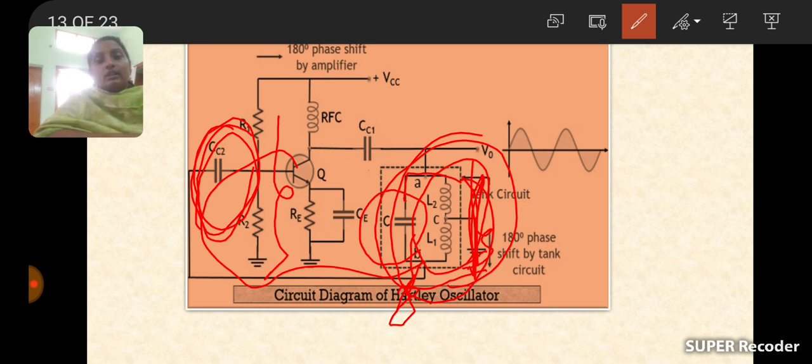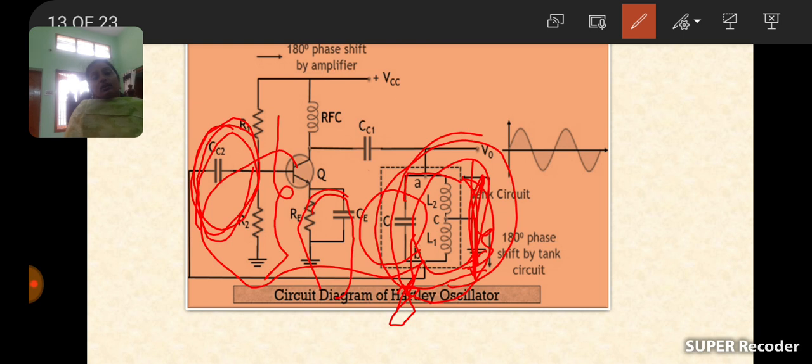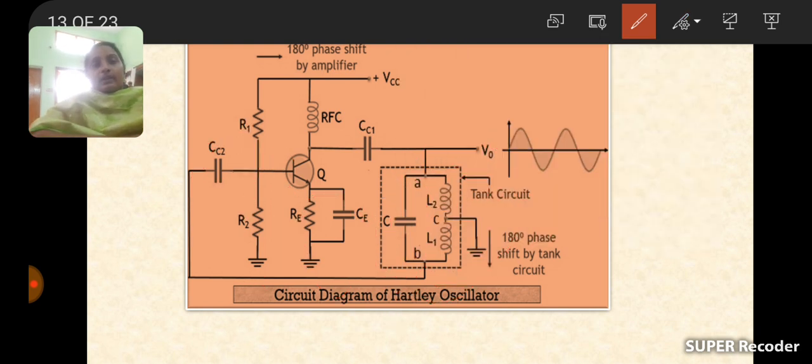And next one is RE and CE. Here RE and CE are called bypassing elements. This provides a low reactance path to the oscillations. And across the collector terminal of the transistor, one coil is also used. When this coil frequency matches with the input signal frequency, then only the circuit works as an oscillator.